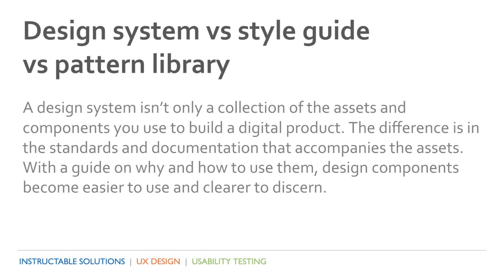With a guide on why and how to use them, design components become easier to use and clearer to discern. Your design system is a style guide and a pattern library combined with that direction and that rationale for use. That becomes your Bible for creating new pages, new experiences, and bringing your design system to new platforms and new mediums.